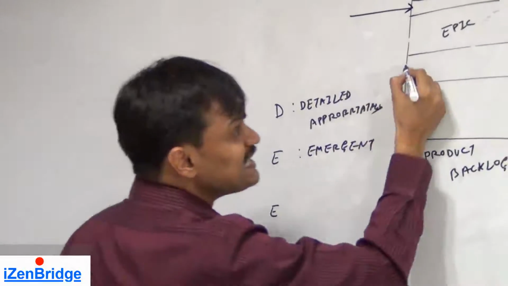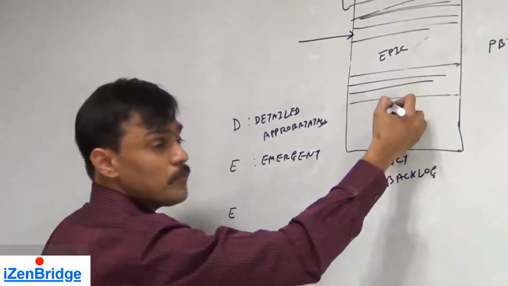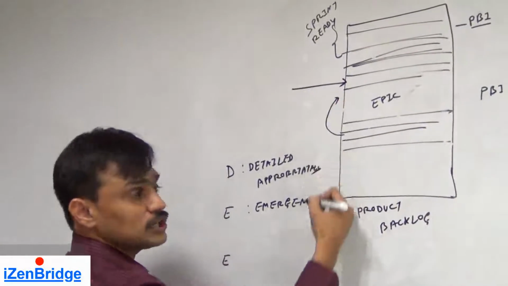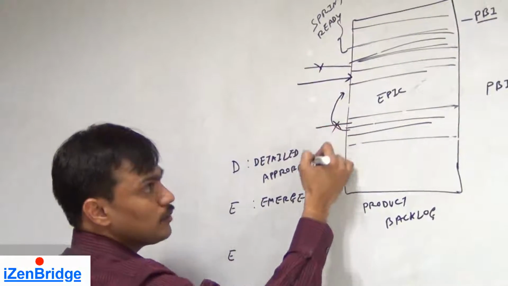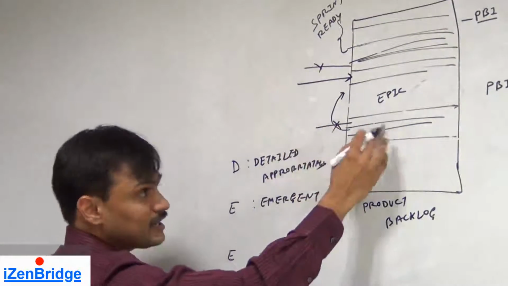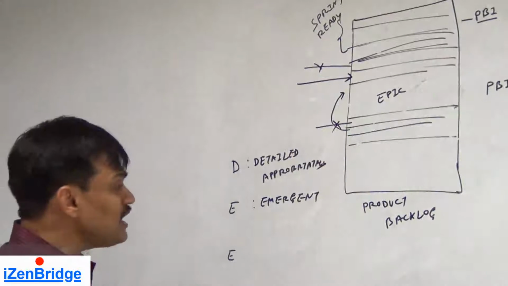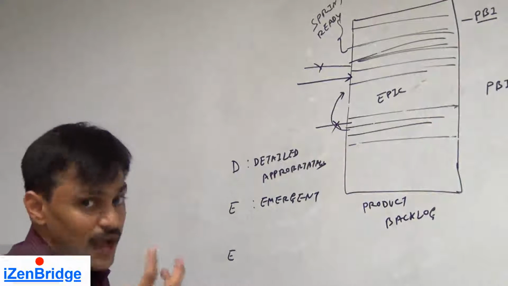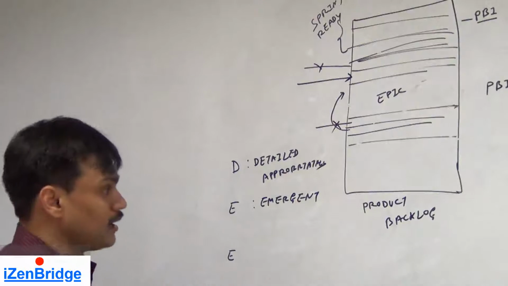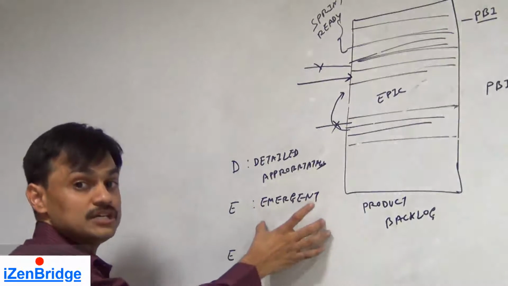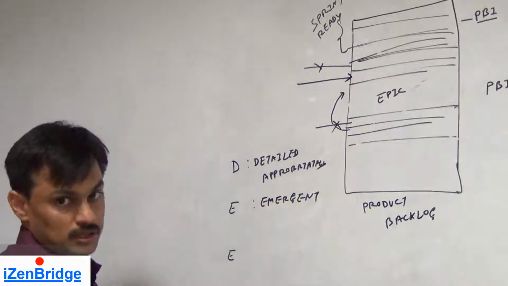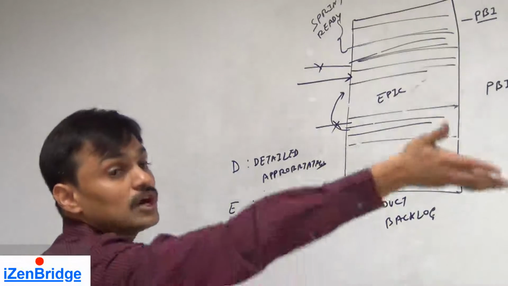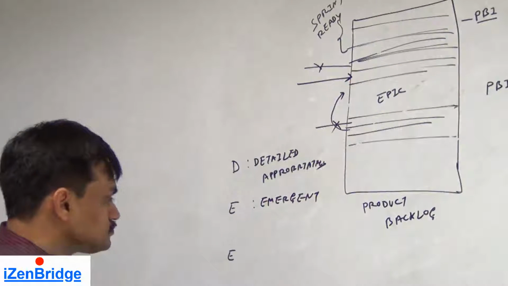We keep splitting the existing stories as they become important if you want to bring them at the top. We also keep removing the not required product backlog items from the product backlog. So we keep redefining our work, and that is where the emergent characteristic of product backlog comes into the picture. It is keep emerging as we start working on a product.